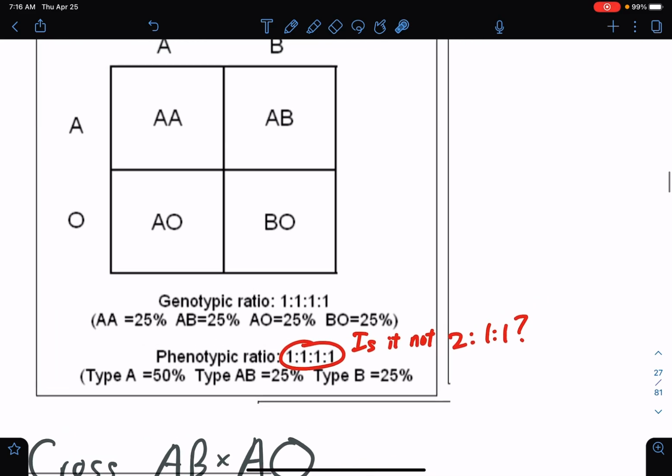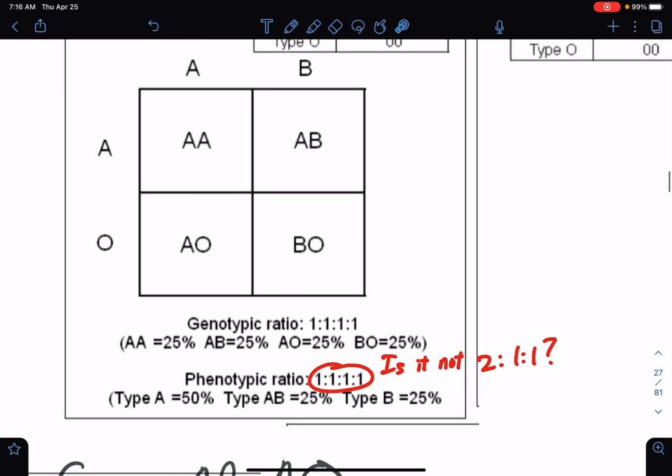This is also another question that I asked my teacher some time ago. I think the exam was taken roughly more than a month ago. Is it not 2:1:1? Because technically, type A is 50%, right? But even if this is already written, the ratio is still 1:1:1.